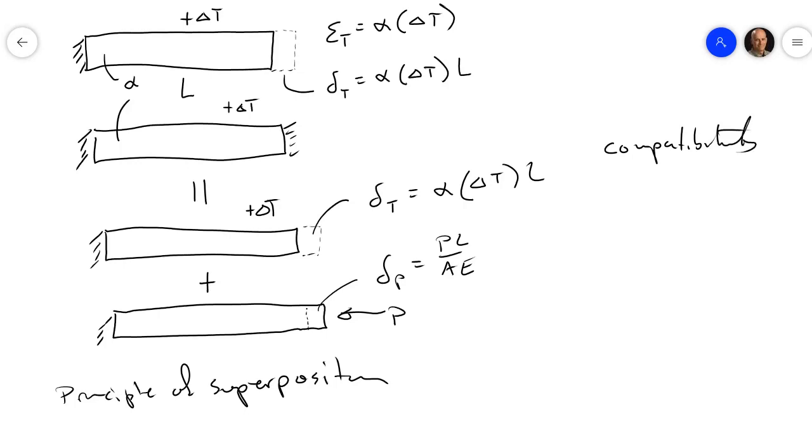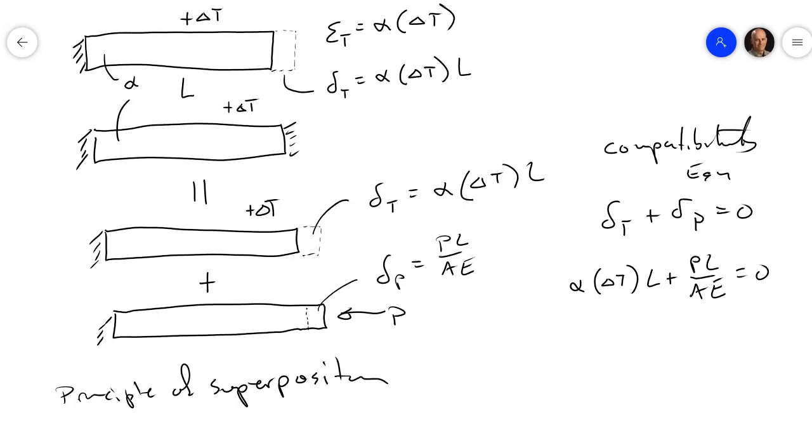compatibility equation that delta T plus delta P add up to 0. And so we get alpha delta T L plus PL over AE equals 0.